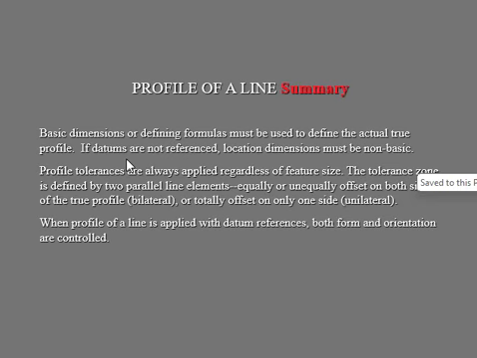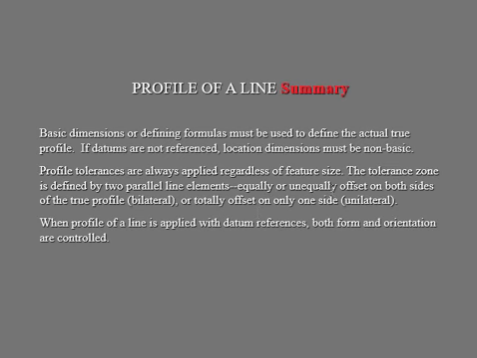So if you don't have your datums, then we will be using a location dimension. They got to be non-basic, and your profile tolerance is always applied regardless of features. I pointed this out several times. Your tolerance zone is going to be defined by 2 parallel lines.